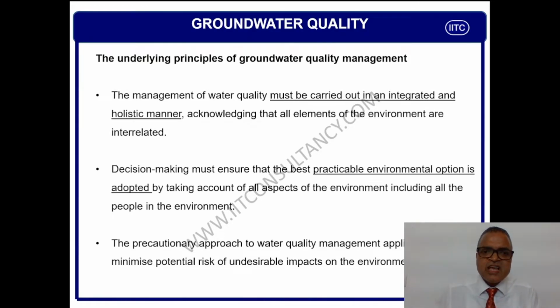The precautionary approach of water quality management applies to avert or minimize potential risk of undesirable impact on the environment. So, guys, these are the underlying principles of groundwater quality management. These things we have to ensure, remember, while we are doing groundwater quality management.